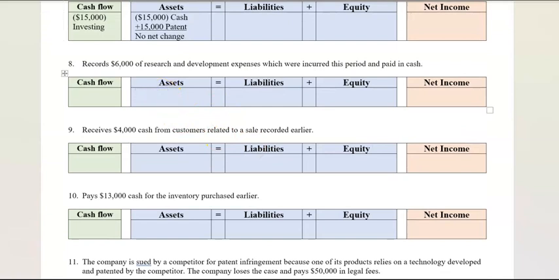Transaction 8, the company records $6,000 of research and development expenses, which were incurred this period and paid in cash. So if we paid cash, cash decreases by $6,000. R&D would be considered part of our operating activities. In the asset section, cash decreases $6,000. And we don't have an asset for this.